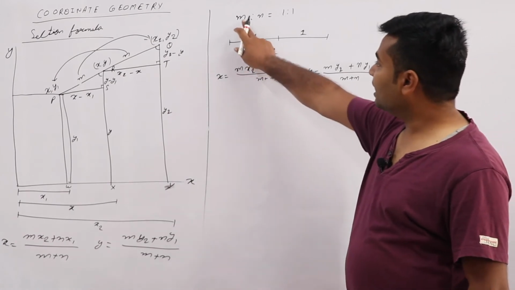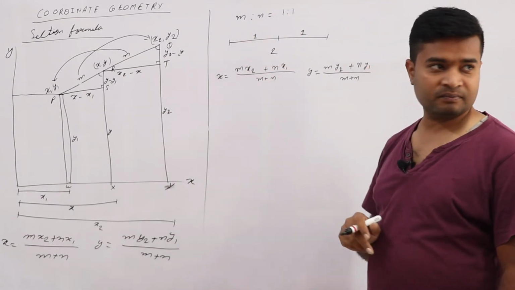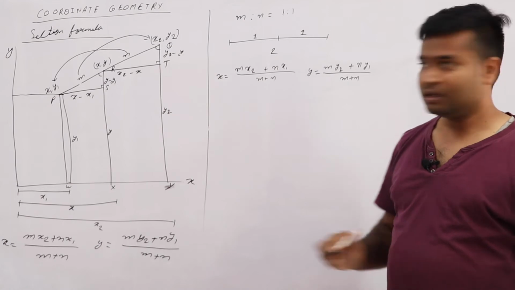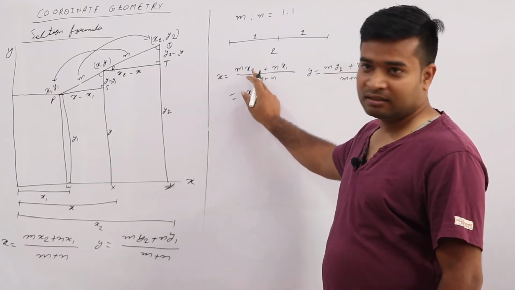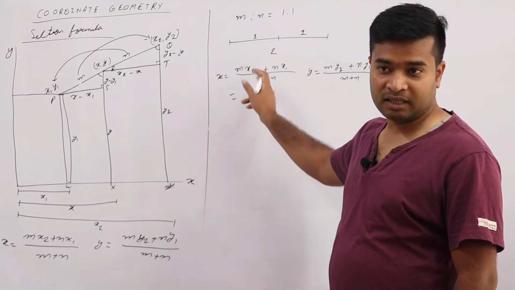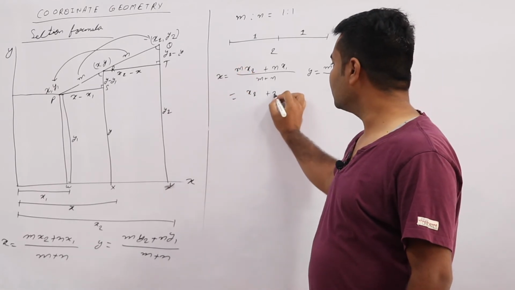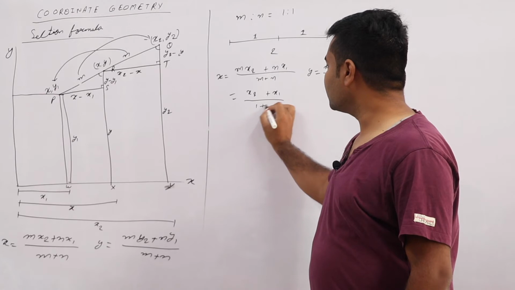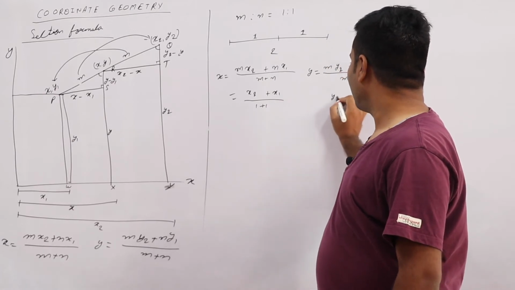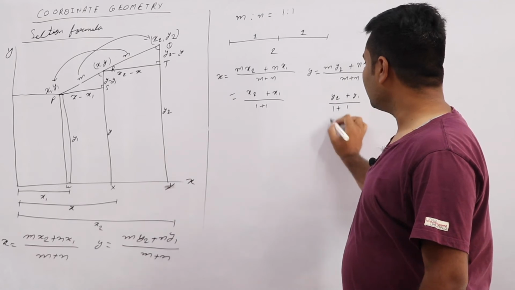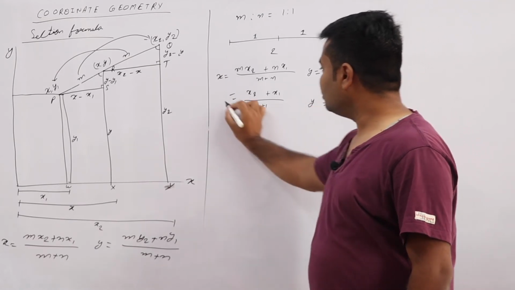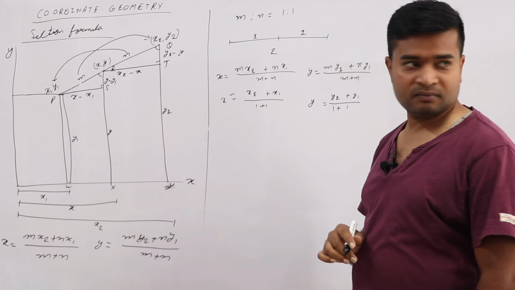Now I am saying m is equal to 1, n is equal to 1. Means 1 into something is that something only. So x2 plus x1 by 1 plus 1, and here y2 plus y1 by 1 plus 1. Correct?